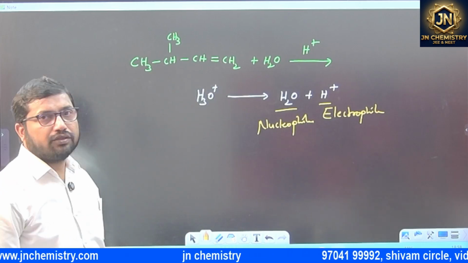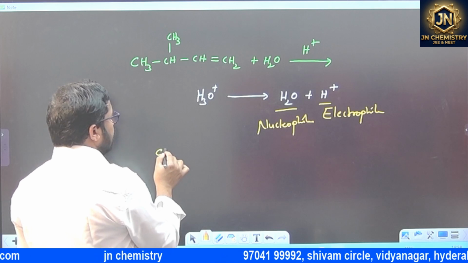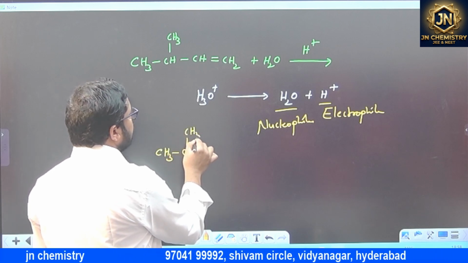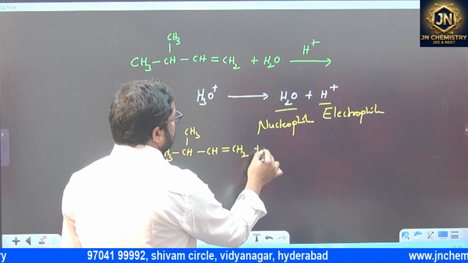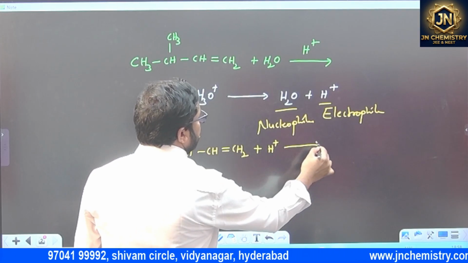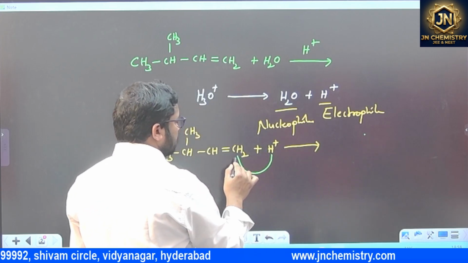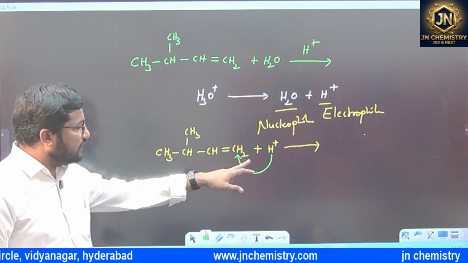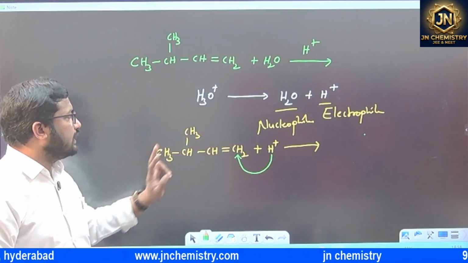So according to electrophilic addition reaction, the electrophile is coming and attacking. H plus will attack the first position, because we'll get the secondary carbocation. If it attacks the second carbon, we'll get the primary carbocation. So that is the reason.